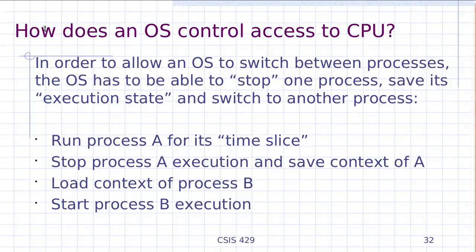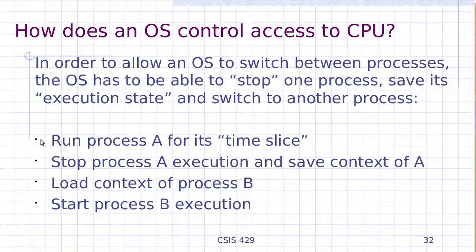Okay, so how does an operating system control access to the CPU? To allow an operating system to switch between 2 processes, you have to be able to stop one process, save its execution state, and switch to another process.